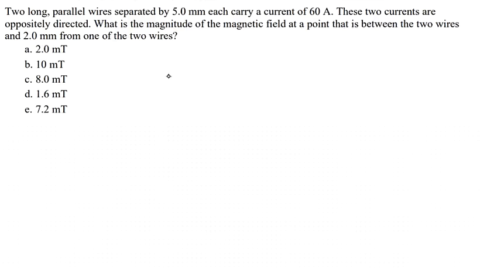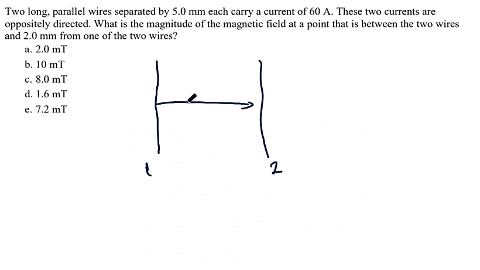Assuming this is the first wire, one, and this is the second wire, two, the distance between the two wires is 5 millimeters.